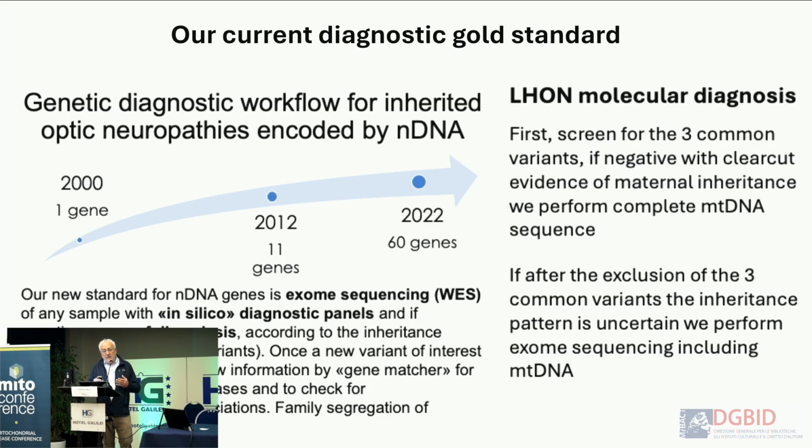And if nothing is there, we can look more carefully, looking at the entire exome. But if it's a subacute loss of vision, maternally inherited or recessive, then you have to screen first for the 3 common mutations, and then you do the exome sequencing. In our lab, we do exome sequencing including mitochondrial DNA. So we sequence everything at once, and then we filter for variants.